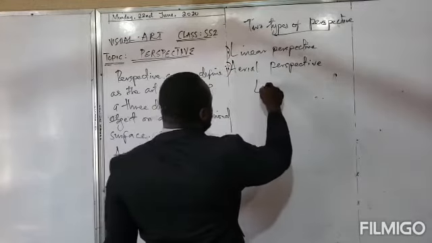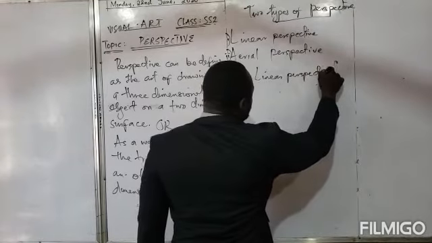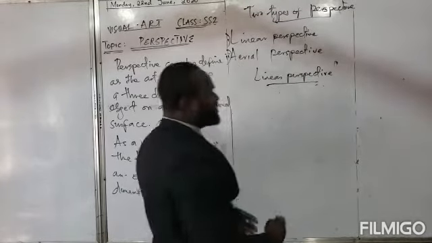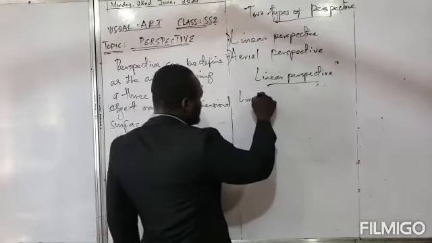Now, linear perspective deals with line. Okay? When you want to draw an object, all you need to do is to make use of line. So, linear perspective deals with line.